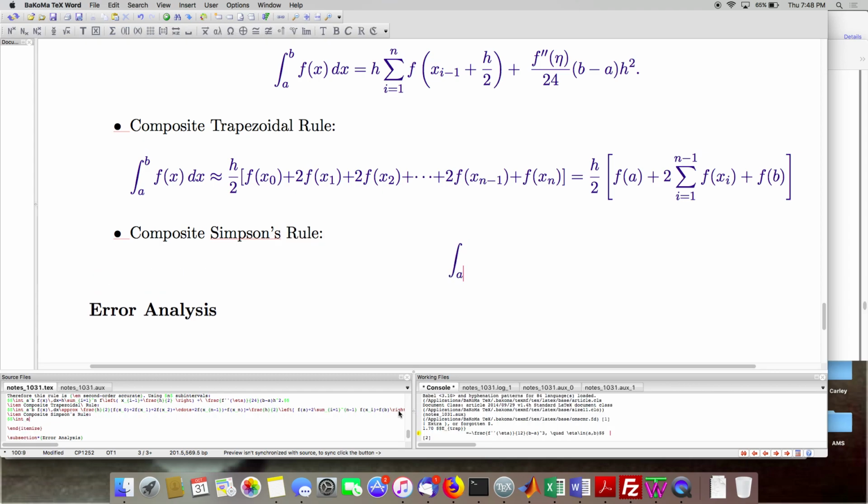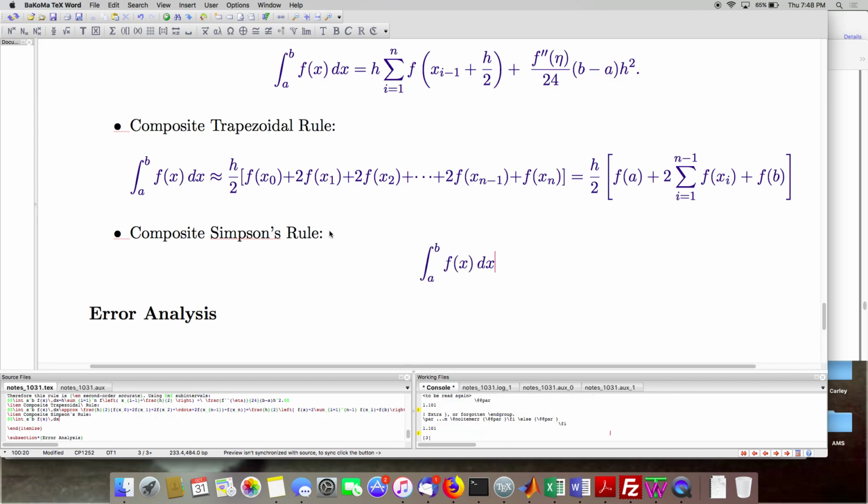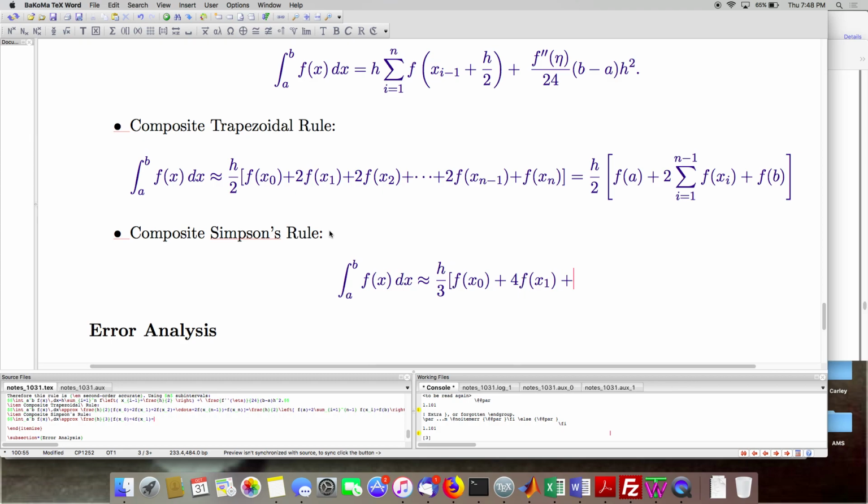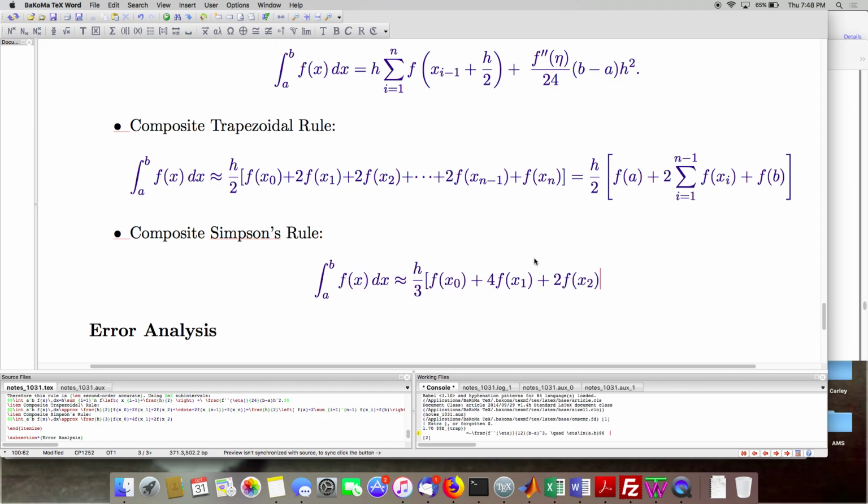Okay, so that has a very similar appearance as the composite trapezoidal rule, but the weights are different. So h over 3 out front, and then f of x naught plus 4 f of x1, which comes from a 4 in the basic Simpson's rule, and then 2 f of x2, because f of x2 is the right end of one piece and the left end of another piece.